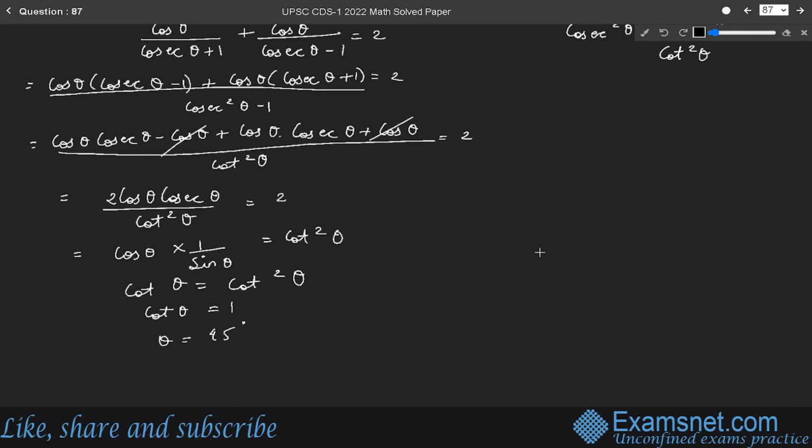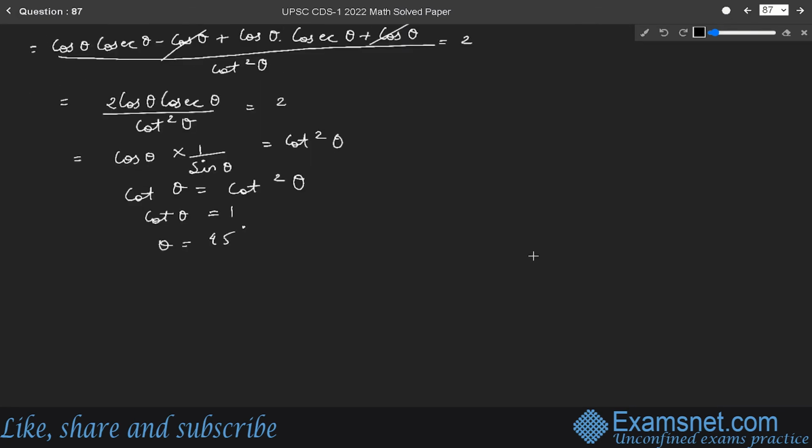Now we have to find the value of sin power 4 theta plus cos power 4 theta. So putting the value of theta here, we will get sin power 4 of 45 degree plus cos power 4 of 45 degree, which will be equal to 1 by 4 plus 1 by 4, which gives 1 by 2.